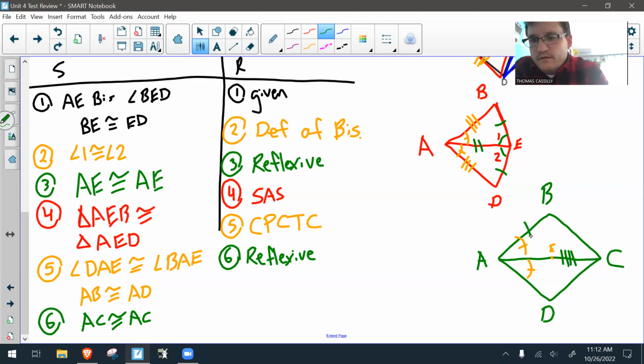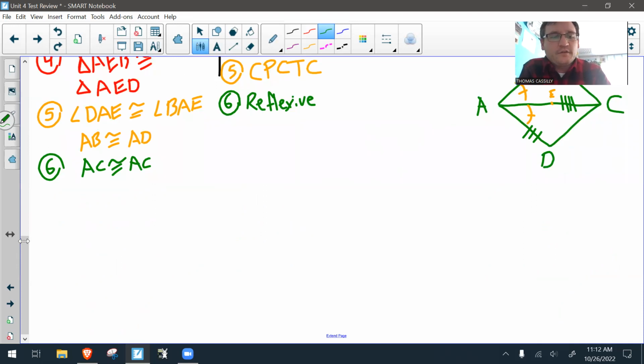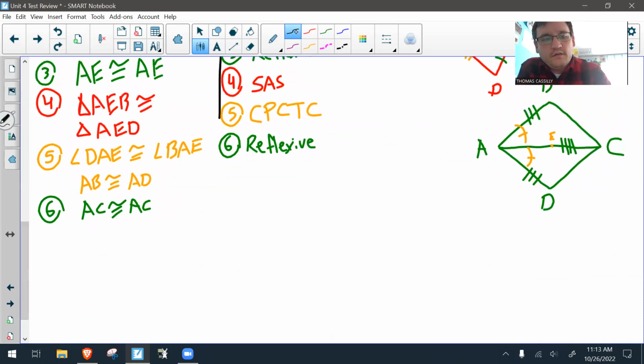We have another SAS triangle. If you look at the green one, we have AB is congruent to AD, that's a side. We have angle BAC is congruent to angle DAC, that's an angle. And then AC is congruent to AC, that's another side. So if we put those three things together, we can say in step 7, triangle ABC is congruent to triangle ADC.